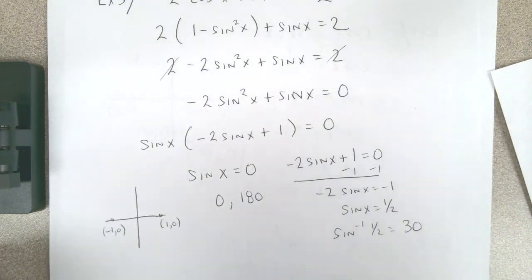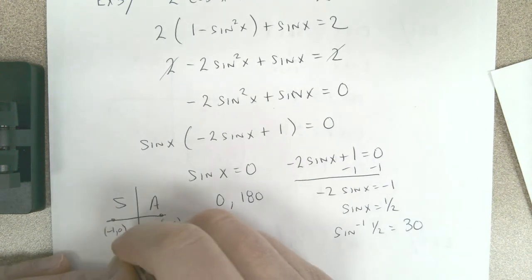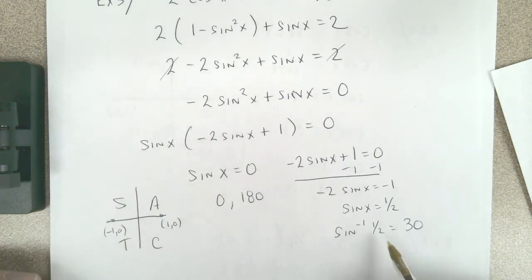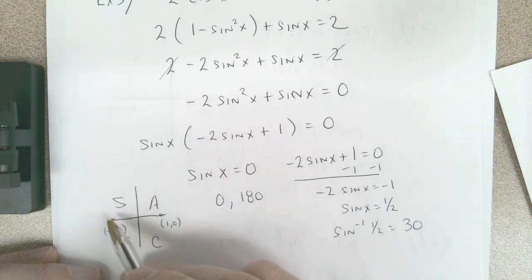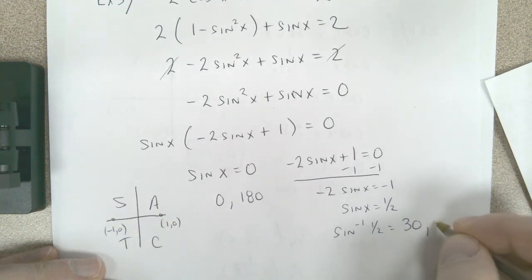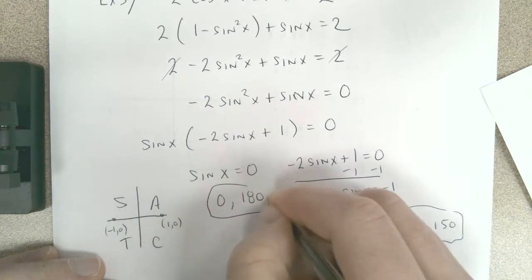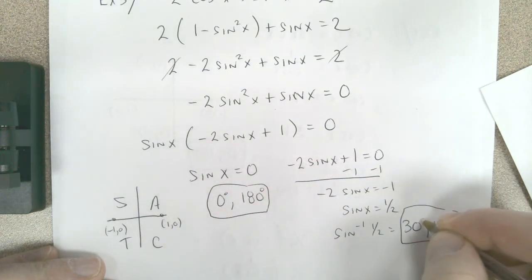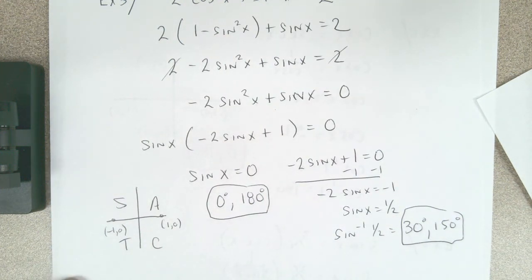Now we're saying that sine is positive. Well, remember, all students think college. So sine is going to be positive in the first quadrant, so that's my 30. It's also going to be positive in the second quadrant. So 180 minus 30 gives me 150. So 30 and 150, 0 and 180 are going to be my 4 answers for this problem.